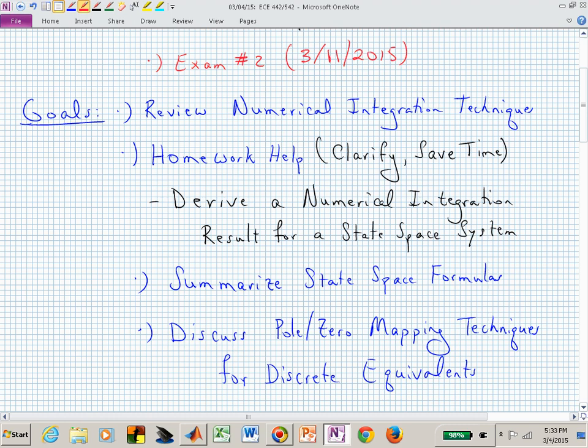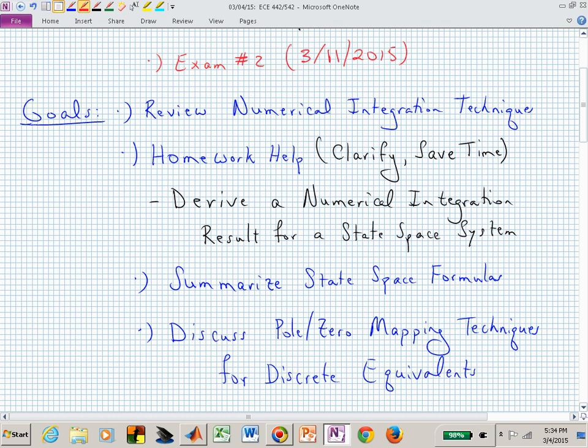And that involves using these numerical integration strategies on state space representations. Then we will summarize those state space formulas for the different numerical integration techniques, forward, backward, and trapezoidal. We'll look at all 3 of those. We'll only derive the result associated with homework number 4, which is the backward.